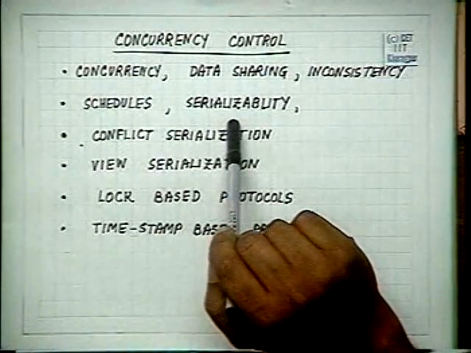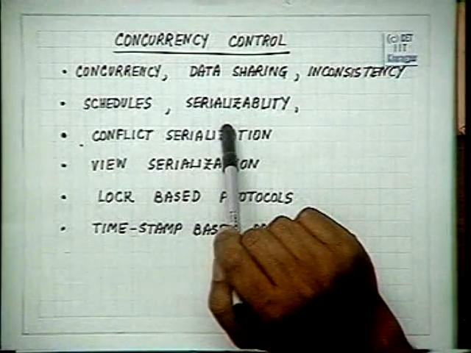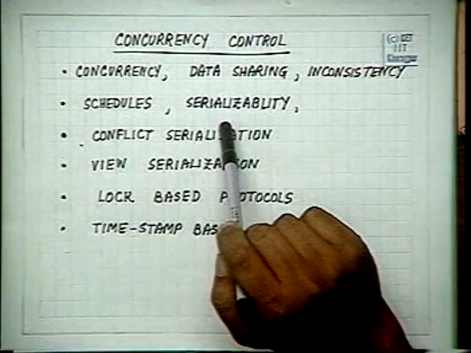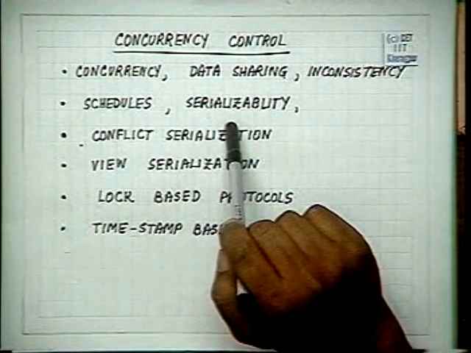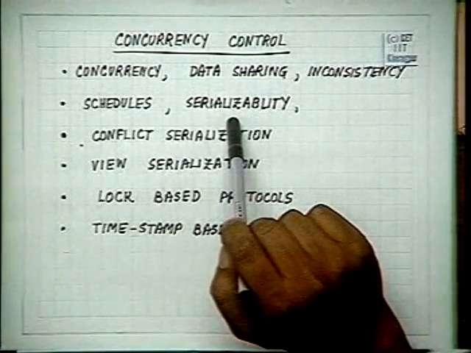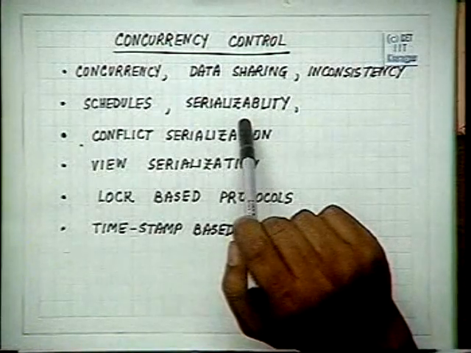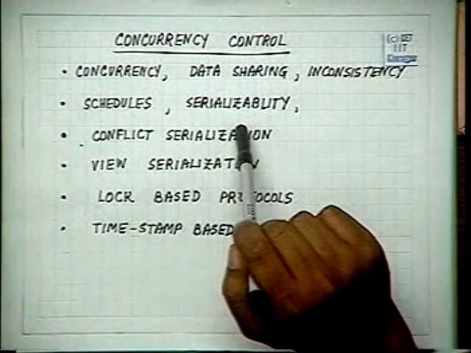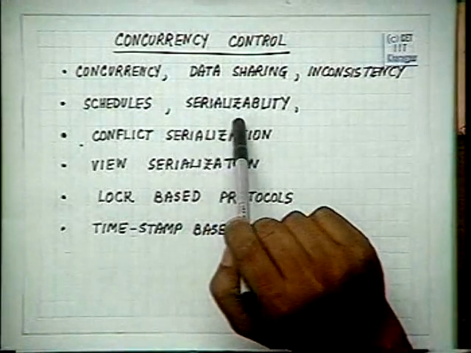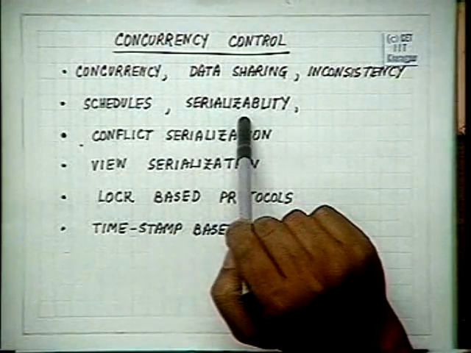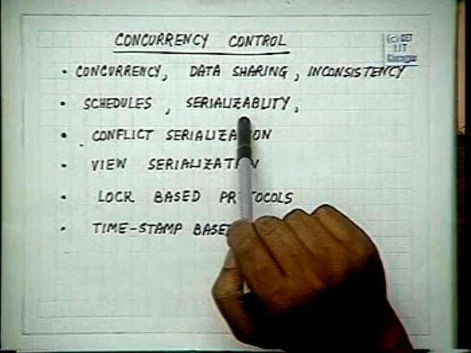We also discussed the issue of serializability, and we said that if a set of transactions are concurrent, then whatever be the result of any serial execution of these transactions is a correct answer. Some overlapping schedules are also correct, provided they maintain the consistency of the database system.